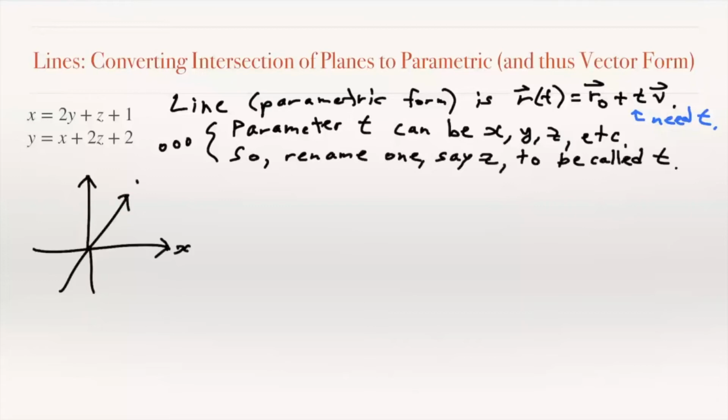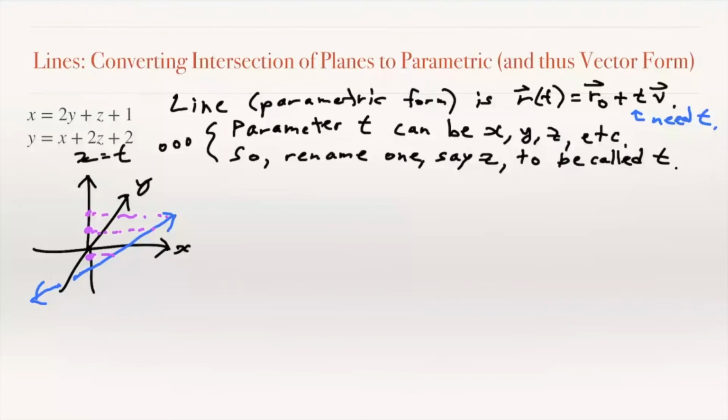Okay, so here is our x, y, and z. And we have some line. Do my best to make that look like a line in 3 dimensions. And if we call z t, then that means that for each point t, we get a different point on the line.